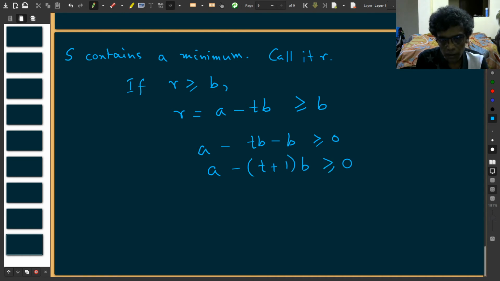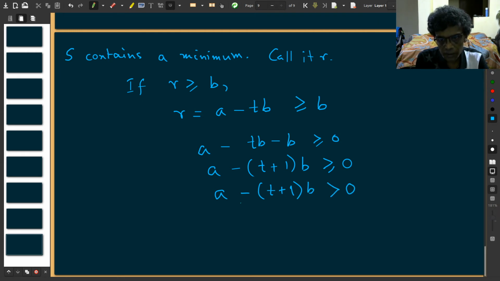But since we are considering the fact that B does not divide A, this is actually the case that A minus T plus 1 times B, if it were equal to 0, A would equal T plus 1 times B. So it's greater than 0.